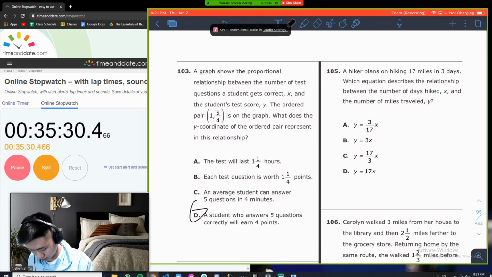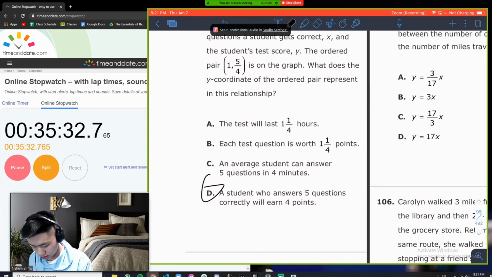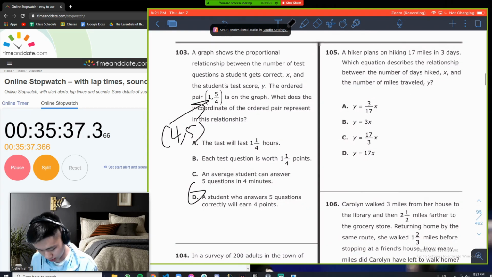Yeah, this is it. Because if you just multiply this by 4, it'll be 4 or 5. And then you understand it.